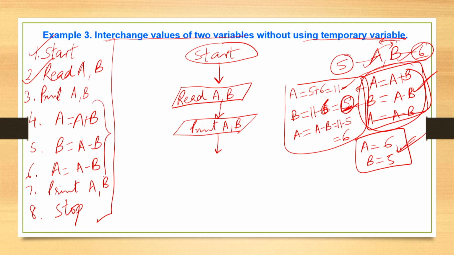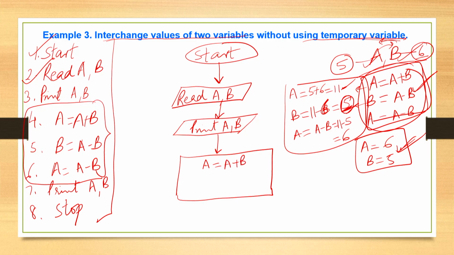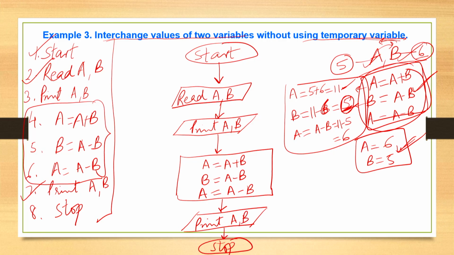And then these steps, so I will combine these 4, 5, 6 together. So it will be in this box: A is equal to A plus B, then B is equal to A minus B, and then A is equal to A minus B. And after that, print A and B. So print A comma B and then stop.